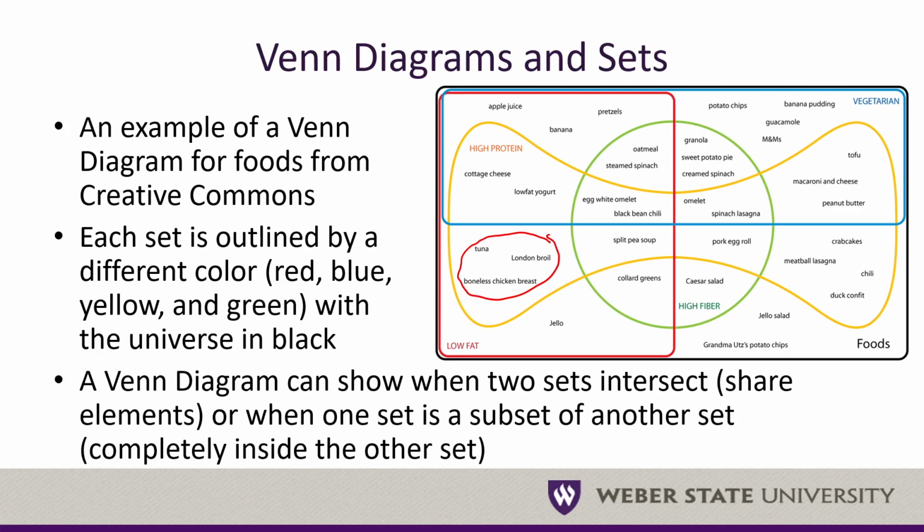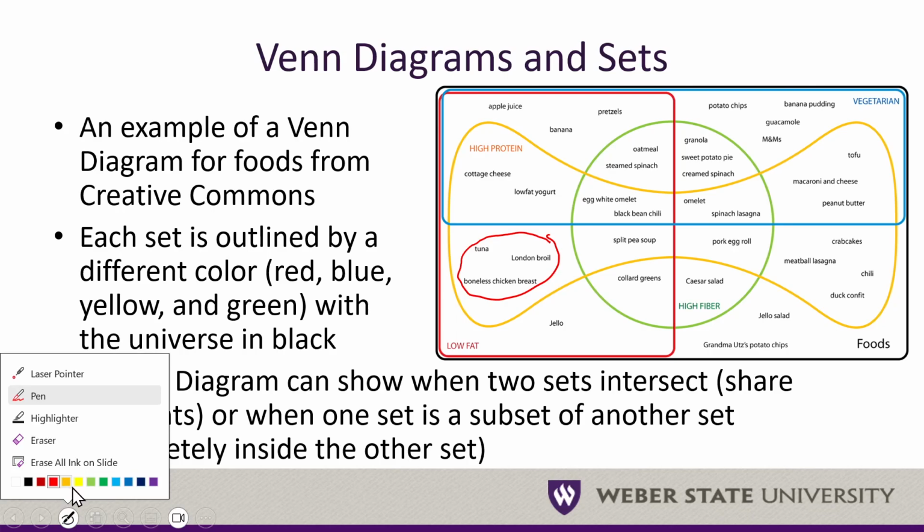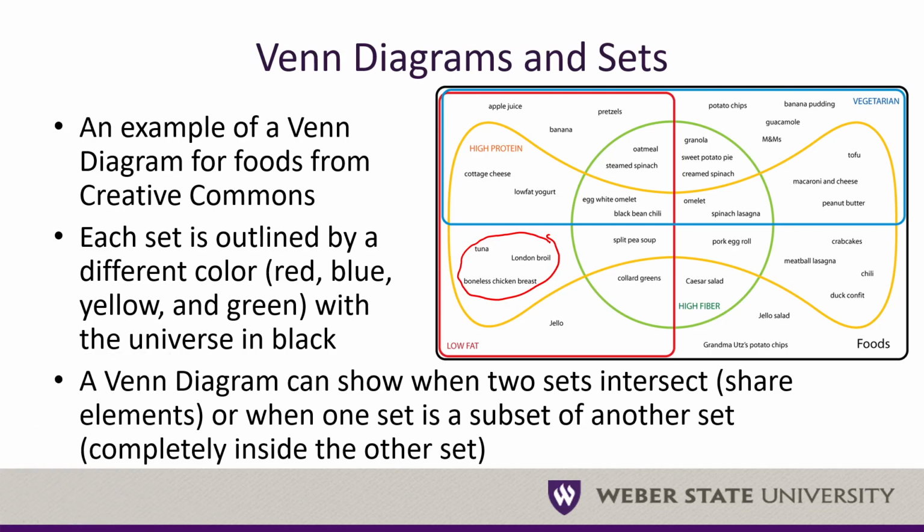And then if we were to break that down a little more, we could look at, let's see, the terrestrial non-vegetarian proteins that are high protein and low fat, and that would give us those two, which would be a subset of something that is terrestrial.